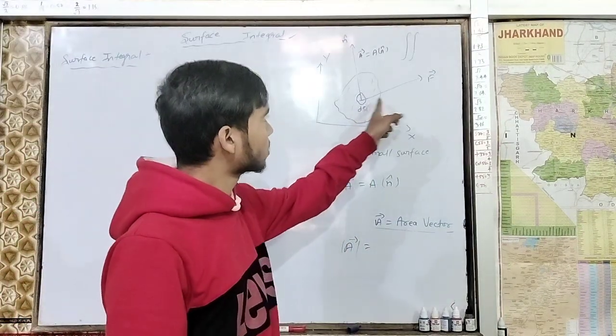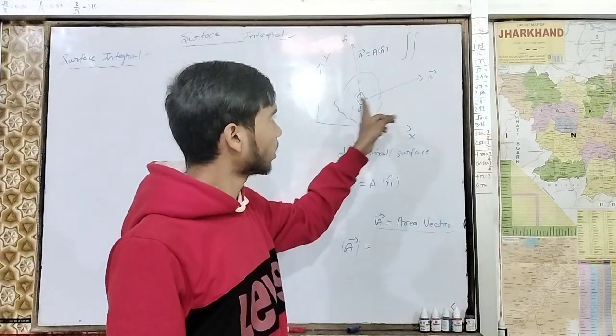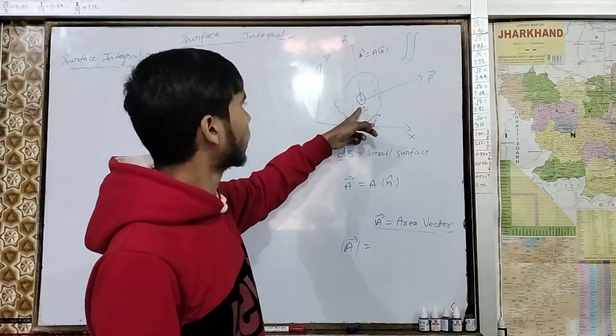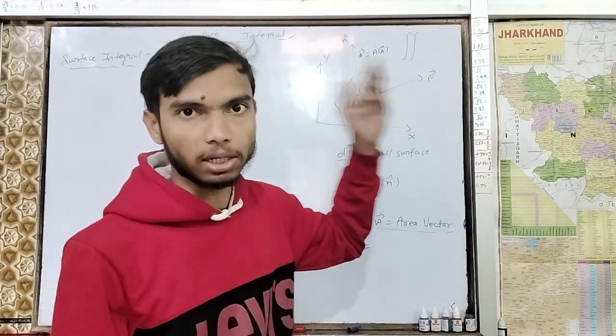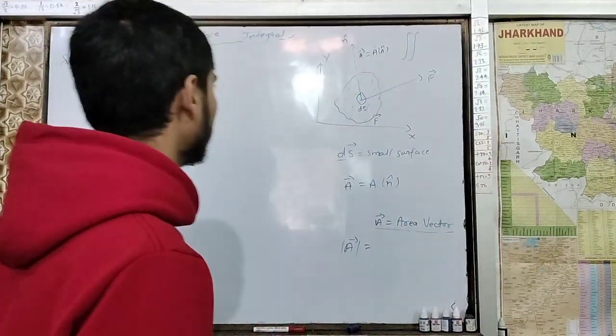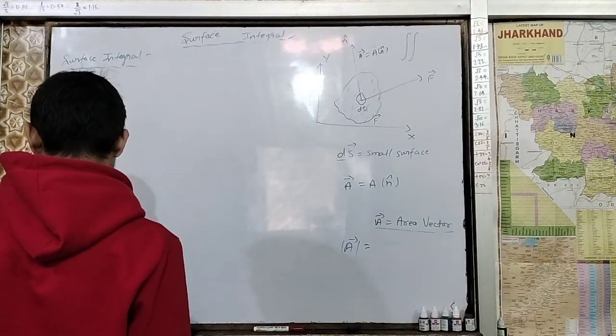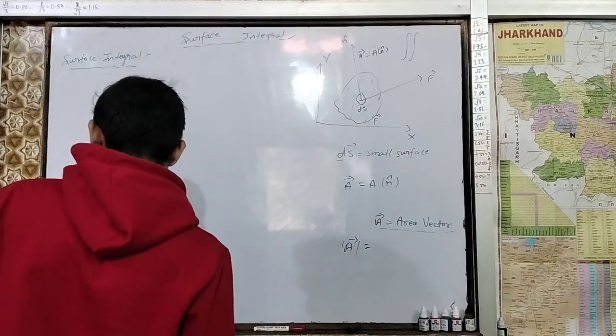A small surface is in the vector field, since it is present in the vector field, and it will have a direction which will be radially outward.